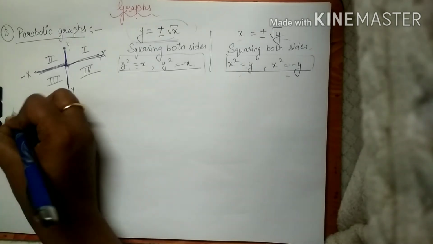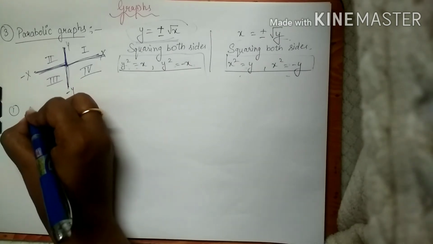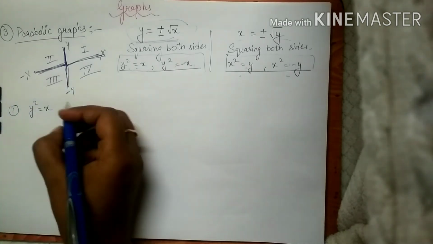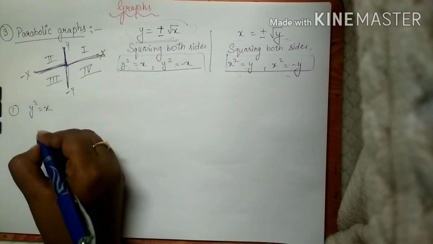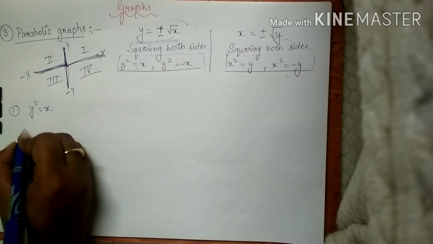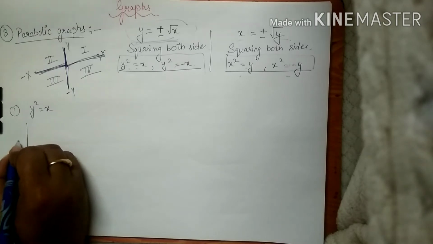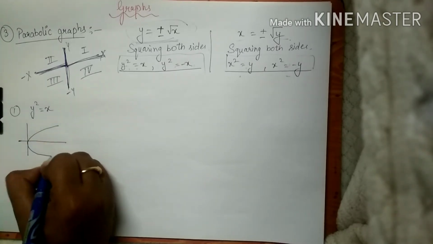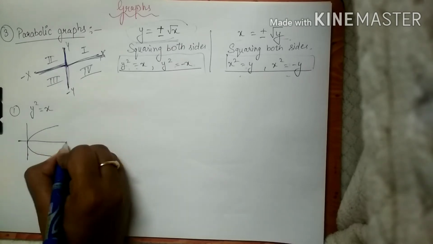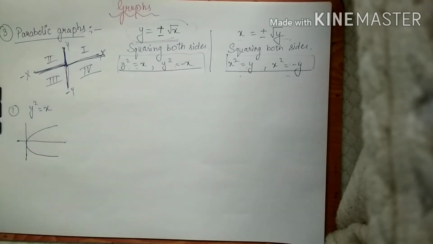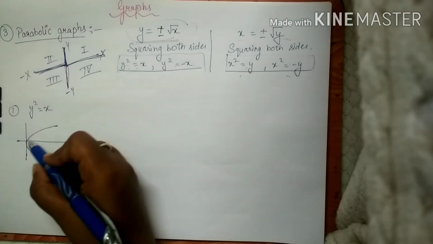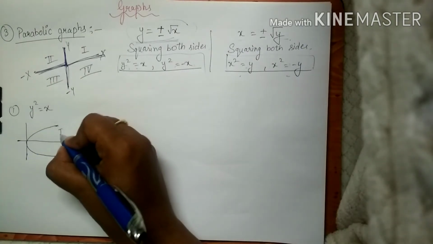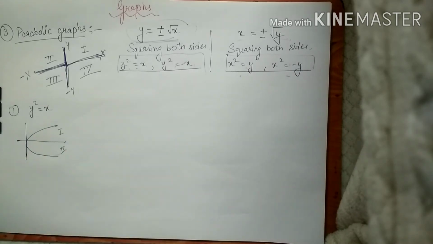So first is the case of y square is equals to x. The graph is like this. Okay, this type of curve is called parabolic curve, and the parabolic curve occupies first and fourth quadrant.